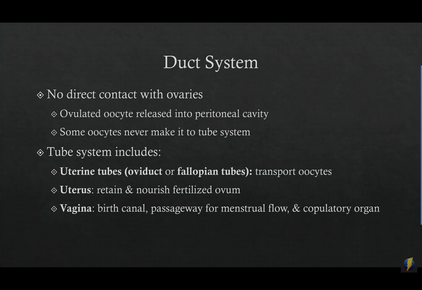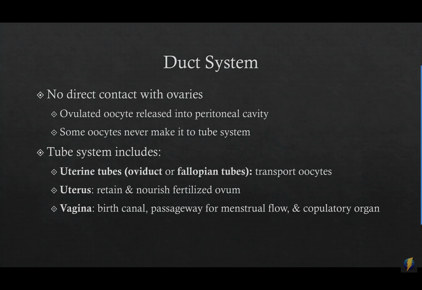The duct system of the female system, unlike with the male system, has no direct contact with the ovaries. So in the male system, the epididymis was directly connected to the testes through the efferent ductules.